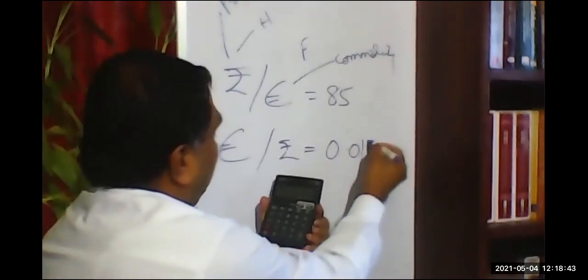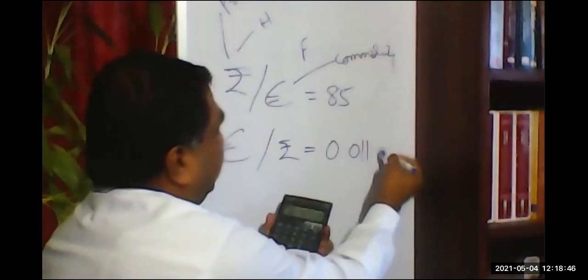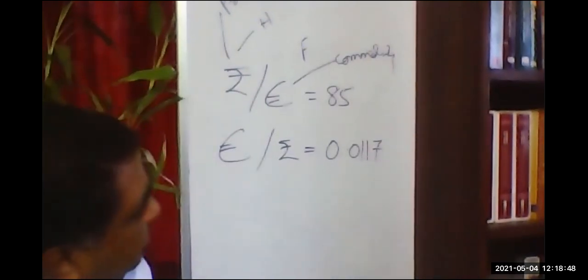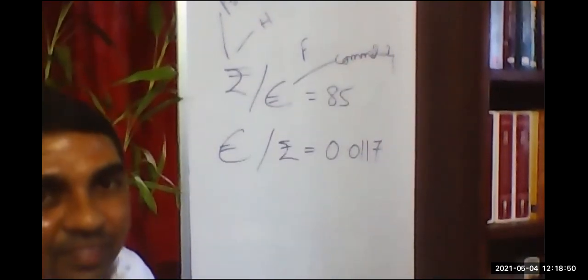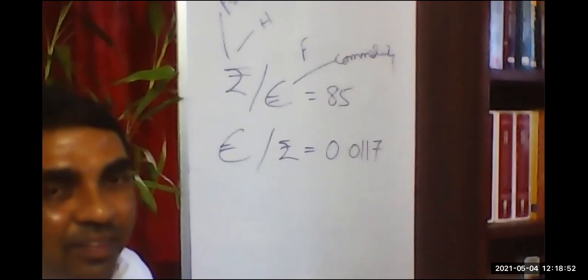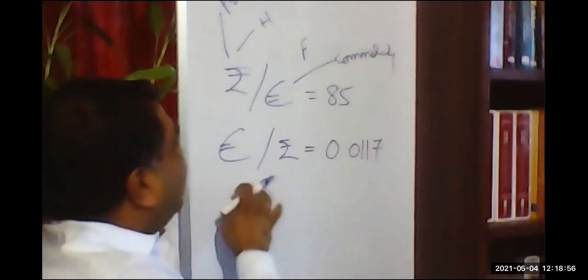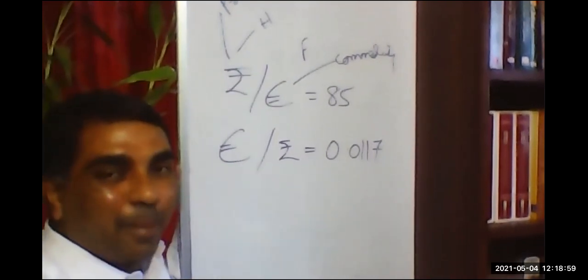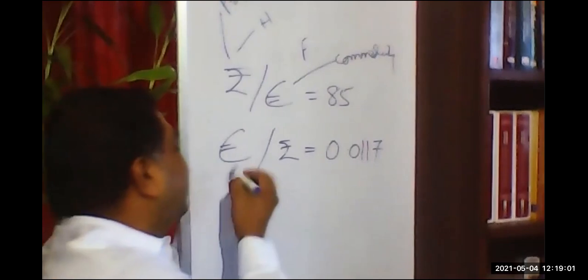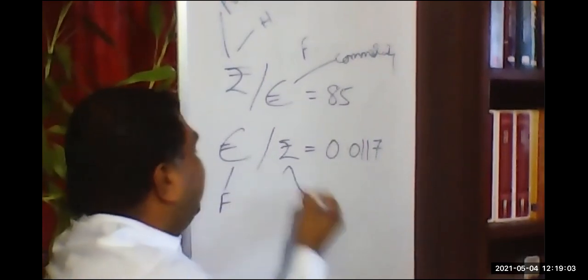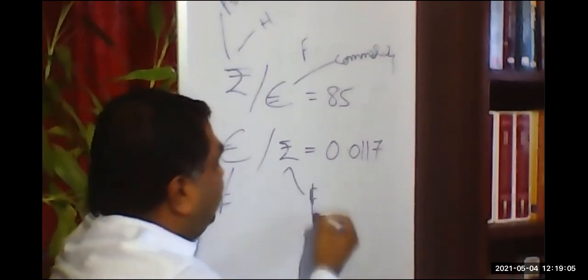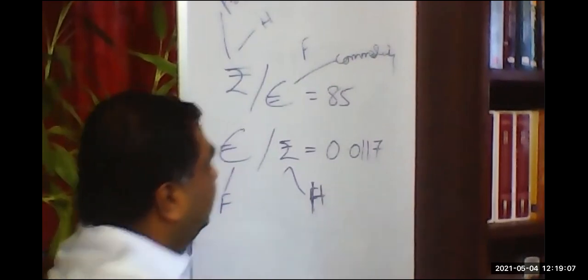So 0.0118. Are you getting it? So this is what? This is direct quote, indirect quote? Indirect quote. Why it is indirect quote? This is foreign by home. This is foreign by home. Okay.